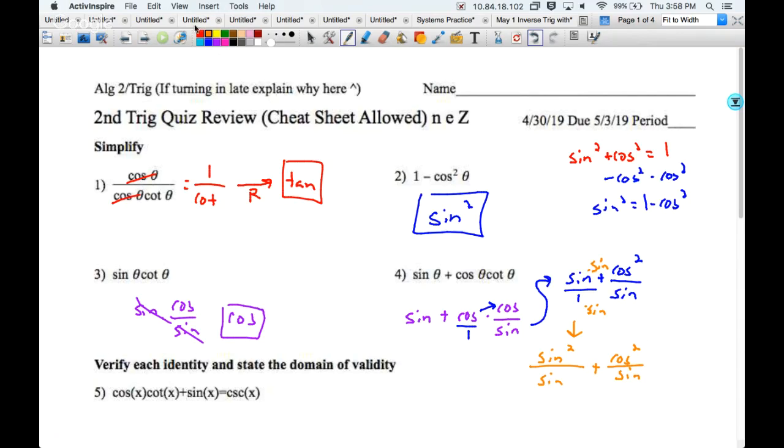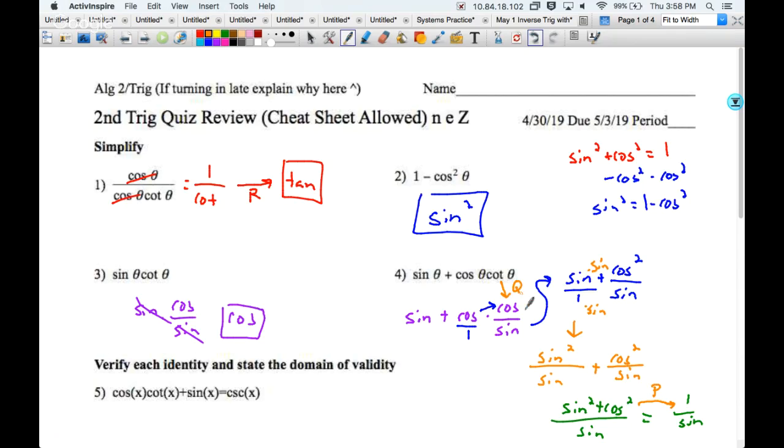With that common denominator, I can now rewrite it with just a single fraction, sine squared plus cosine squared over sine. And that just equals 1 over sine, because sine squared plus cosine squared, look up at our Pythagorean identity, is equal to 1. So right there, applying my Pythagorean identity.